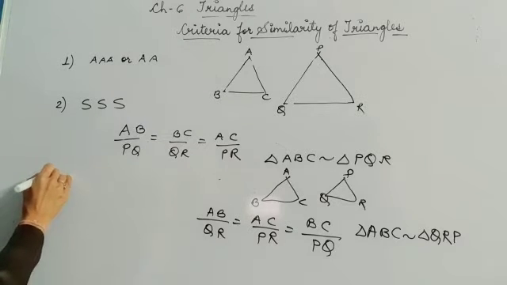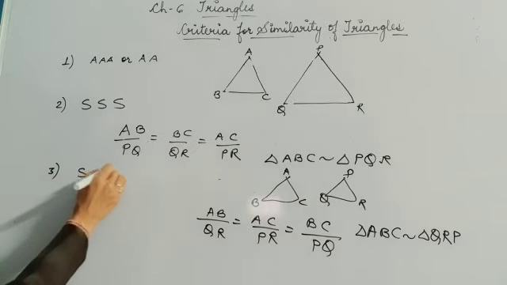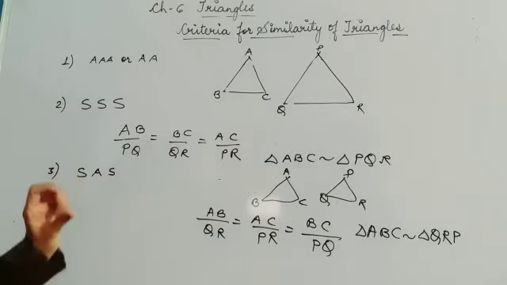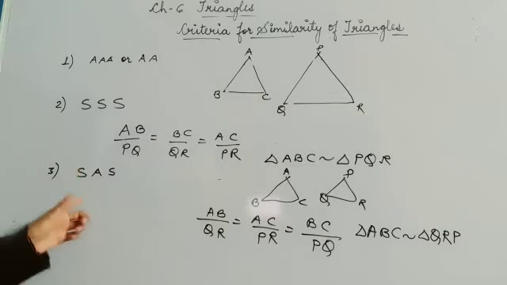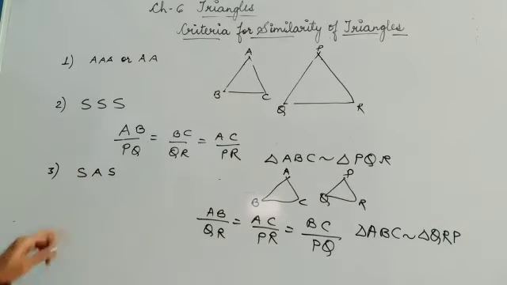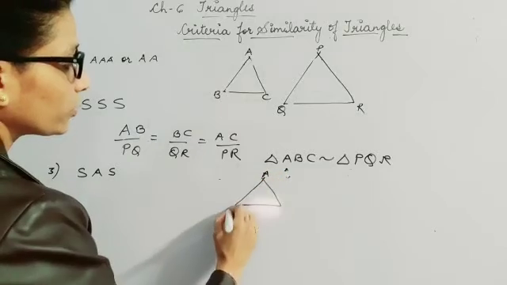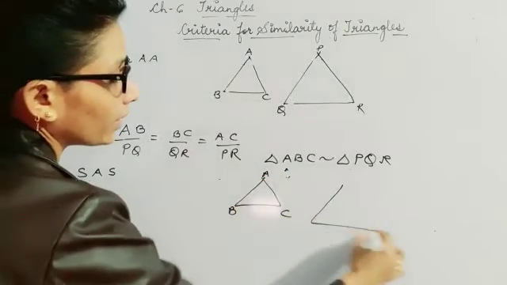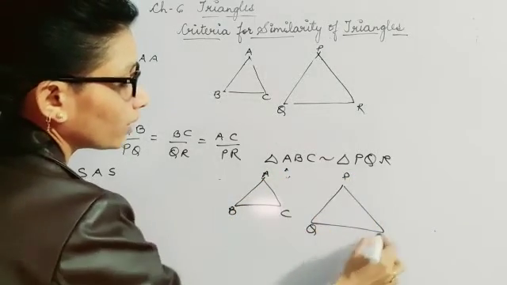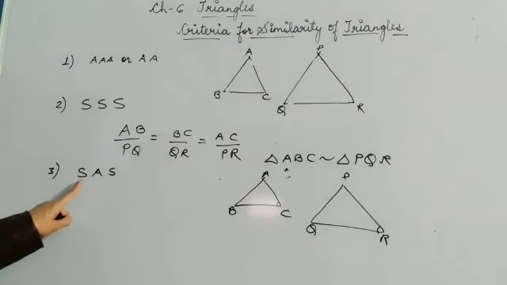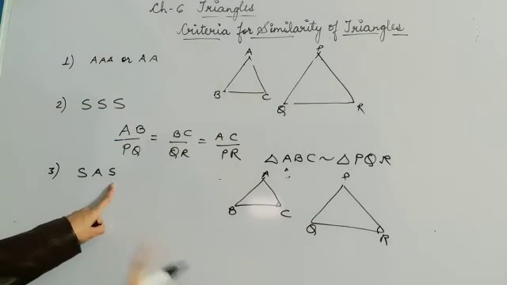Now you come to the third one, which is SAS, which says you have the corresponding sides ratio. Let's see in the figure. Let's suppose this is my triangle ABC and this is PQR. Let angle C be equal to R. Now if it is SAS, then what do you need to do?